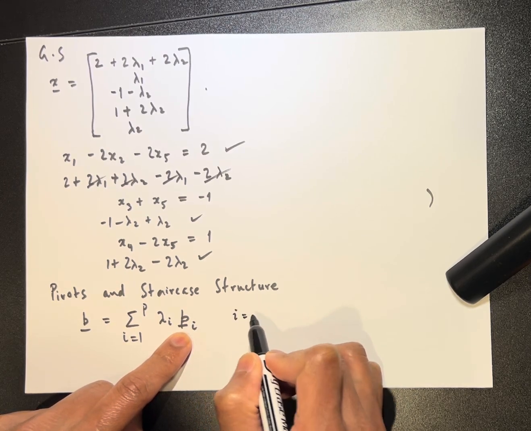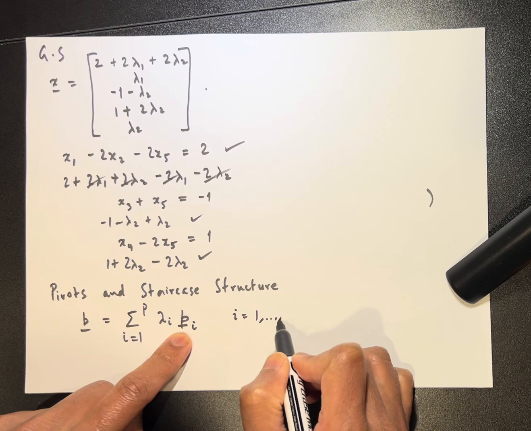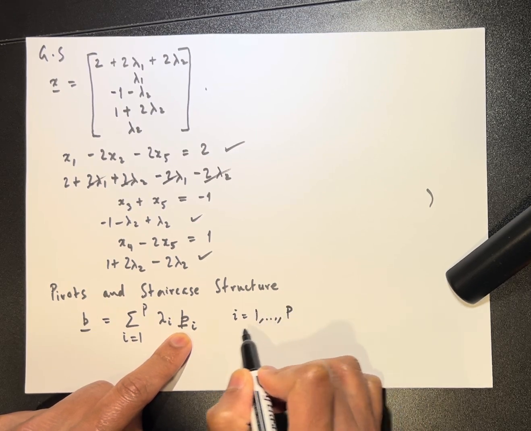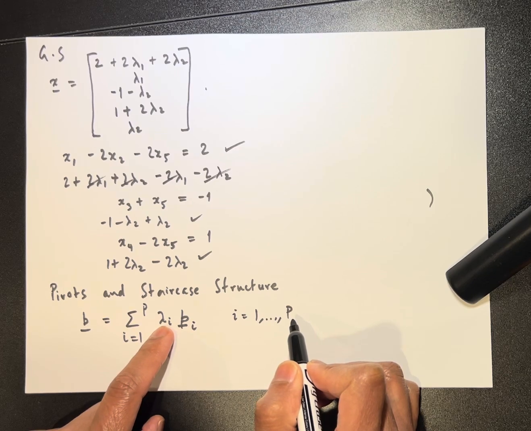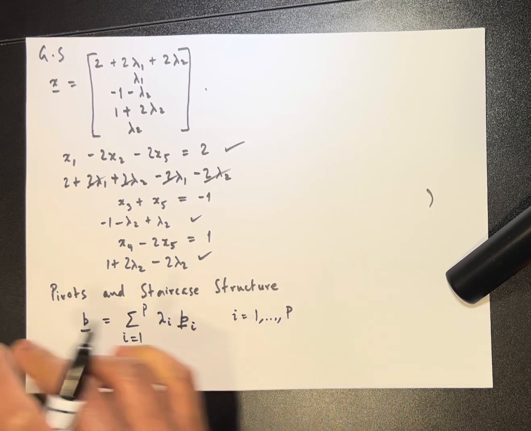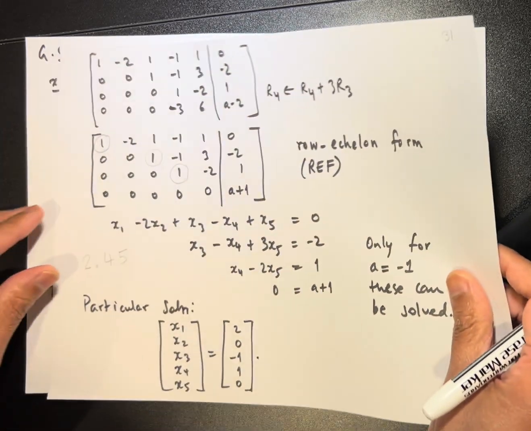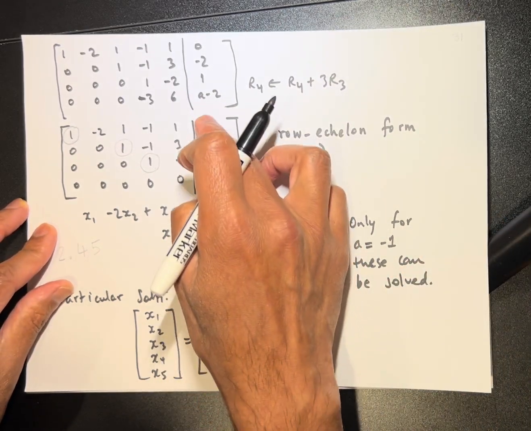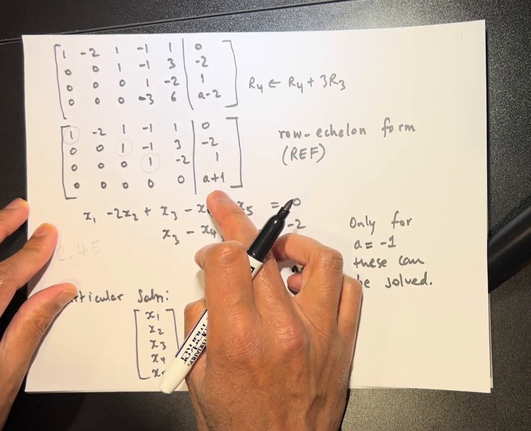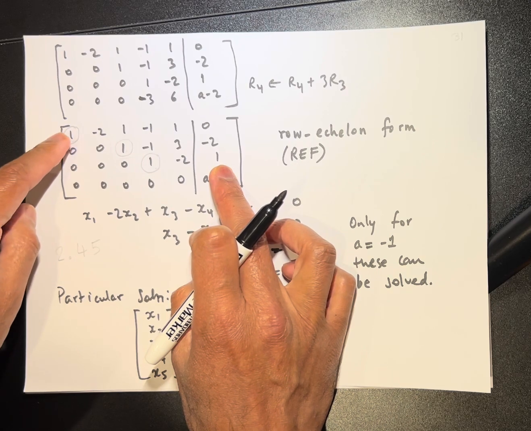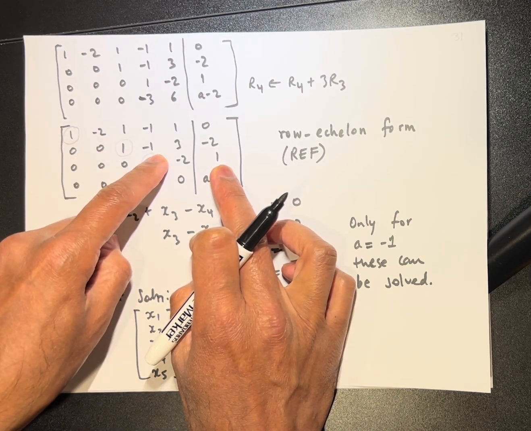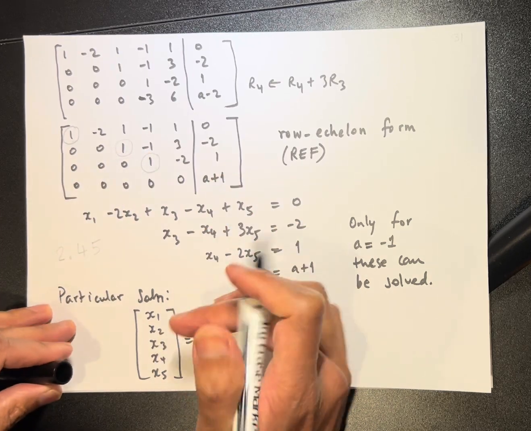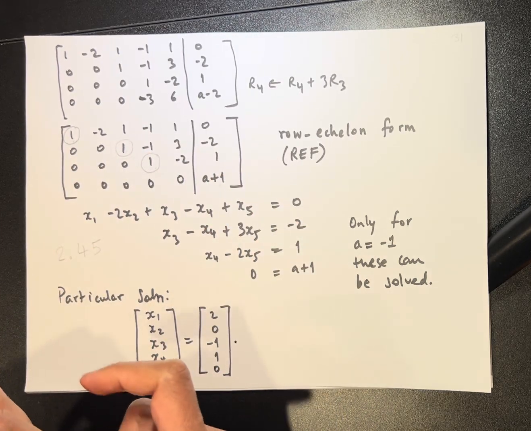There are uppercase P pivot columns, and you take lambda i times p i. That means express this b as a linear combination of this and this column. So let's see if we can do that.